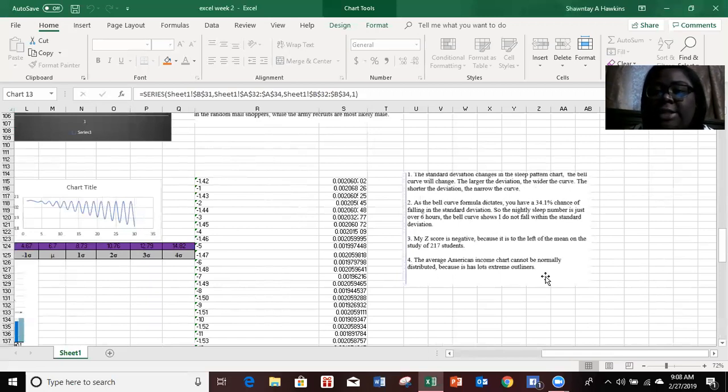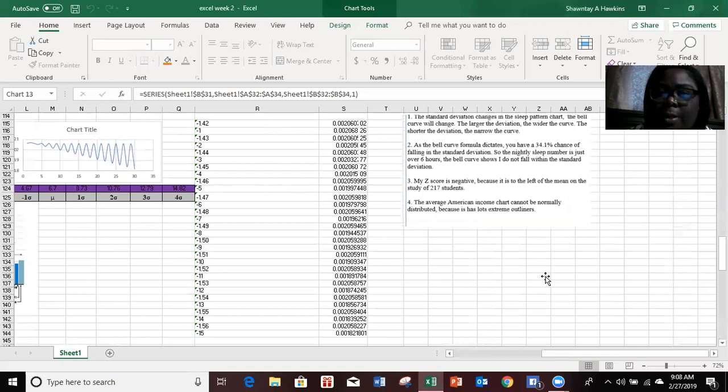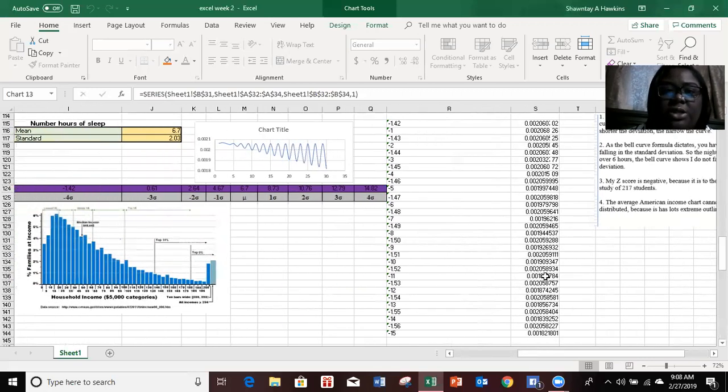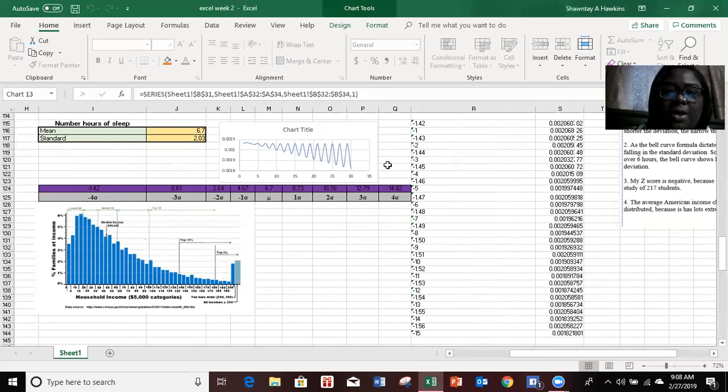So, the nightly sleep number is just over 6 hours. The bell shows the ones that do not fall within the standard deviation. Now my Z-score is negative because it is to the left of the mean, in the study of the students, 217 of the students.